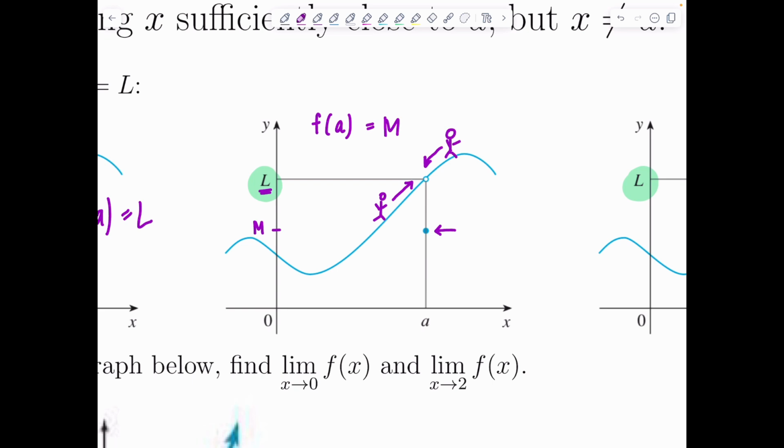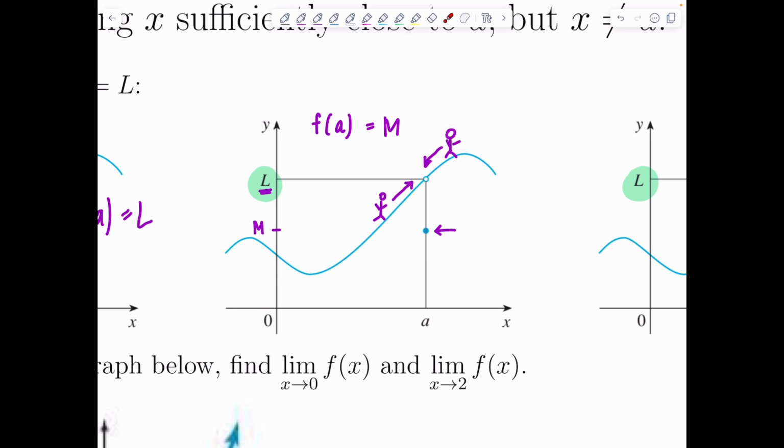And you're going to meet up at y equals L. So it doesn't matter what the actual function value is. When you're walking on the graph, where you're heading, the y value that you're approaching is the value of the limit. And if you and your friend can meet up at the same spot, regardless of which way you were walking on the graph, then we're good to go. The limit exists and it's equal to L.